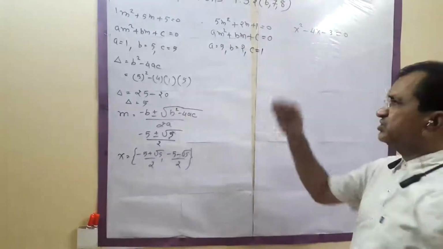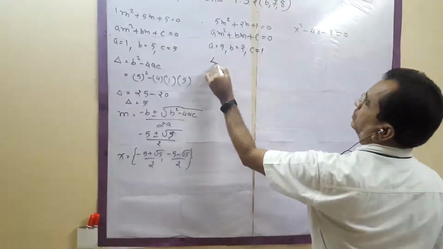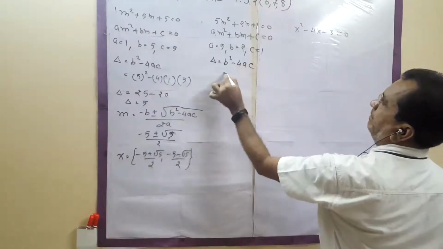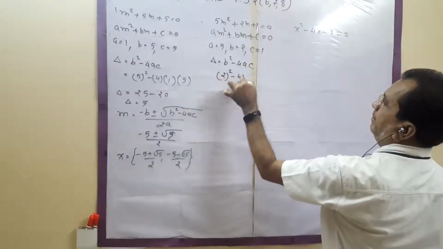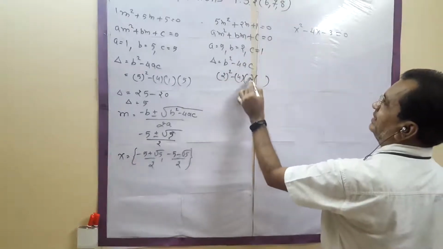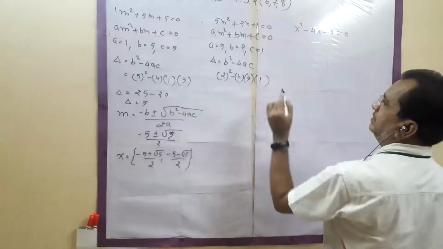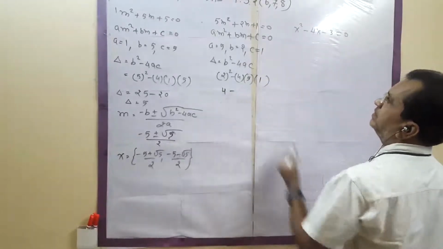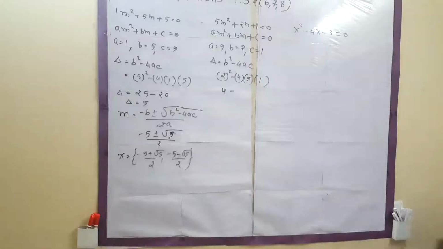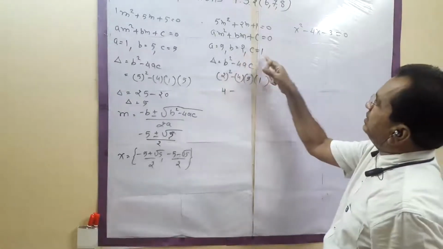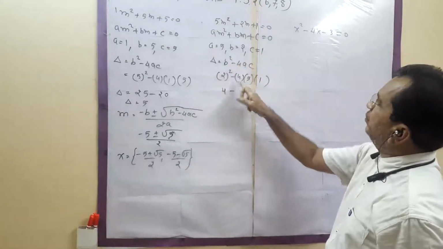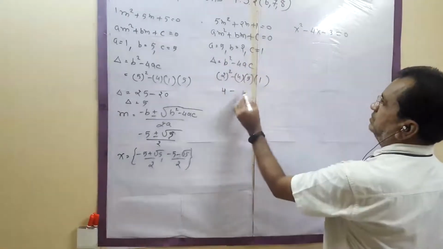Compare a, b, c. So discriminant. Let me check the question is correct. a, b, c. b square minus 4ac.